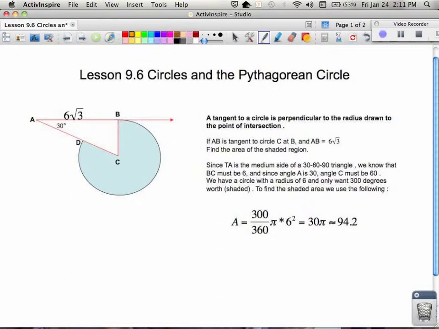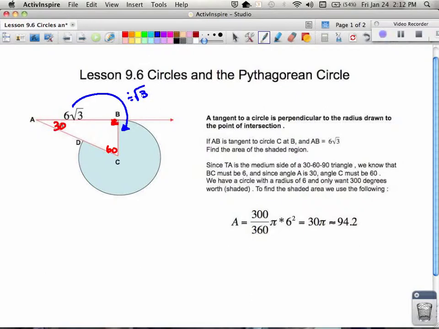So how do we do that? Well, first of all, I know that if I'm going to figure this out, I need to figure out the radius of my circle. And what I notice right away is that I have a 30, 60, 90 triangle. From our rules before, we remember that to go from the medium side, which is across from the 60-degree angle, to the short side, which is across from the 30-degree angle, we divide by the square root of 3.